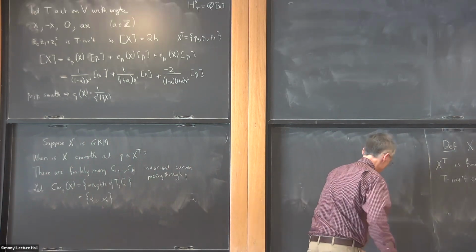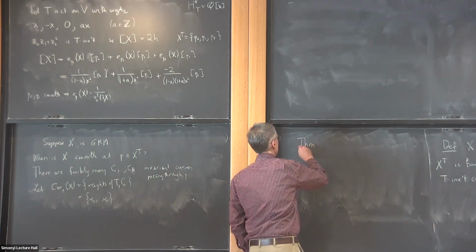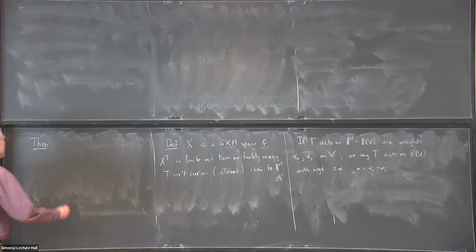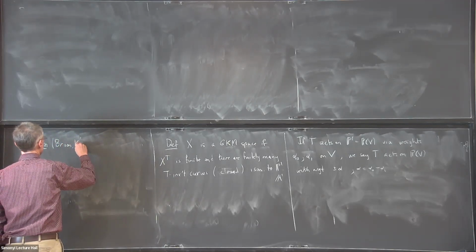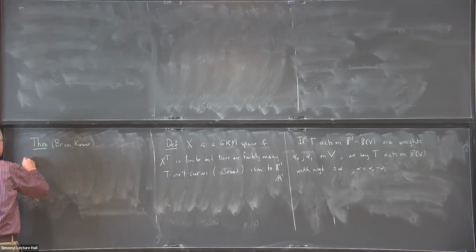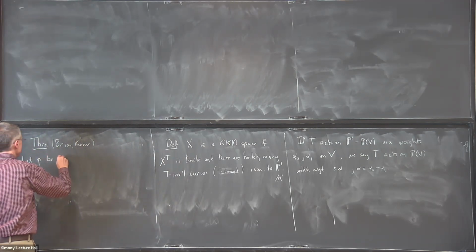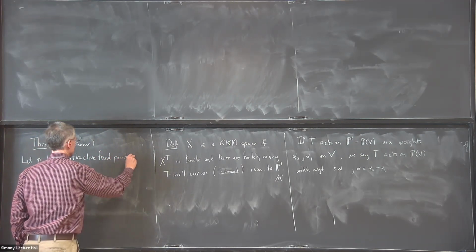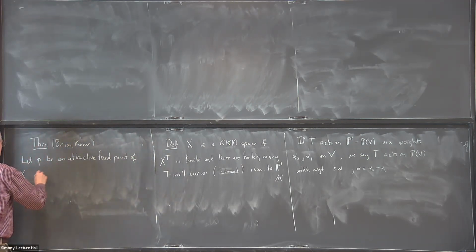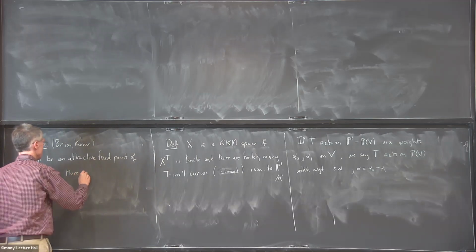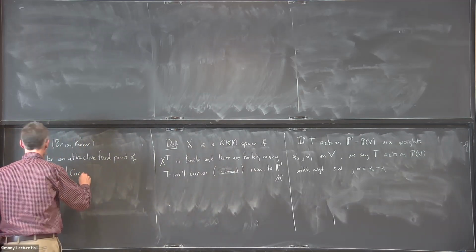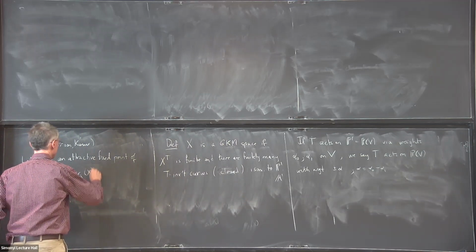And the theorem, which in the general setup, as I'm quoting, I think is due to Brion, but for Schubert varieties had been discovered earlier by Kumar, in some slightly different language, is that, let P be an attractive fixed point of X, and assume that the set of curves through P in X is finite.